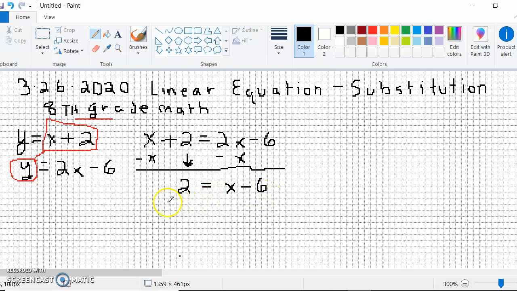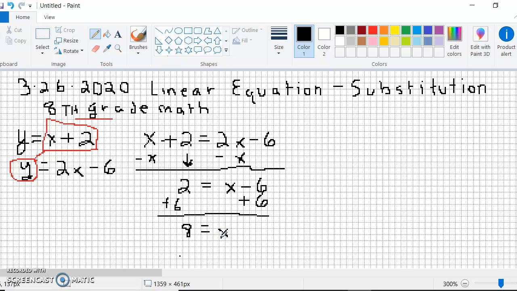So what I'm going to do is add 6 on this side, then add 6 on this side. Okay, I'm on the line here. So now I have 8 is equal to x.